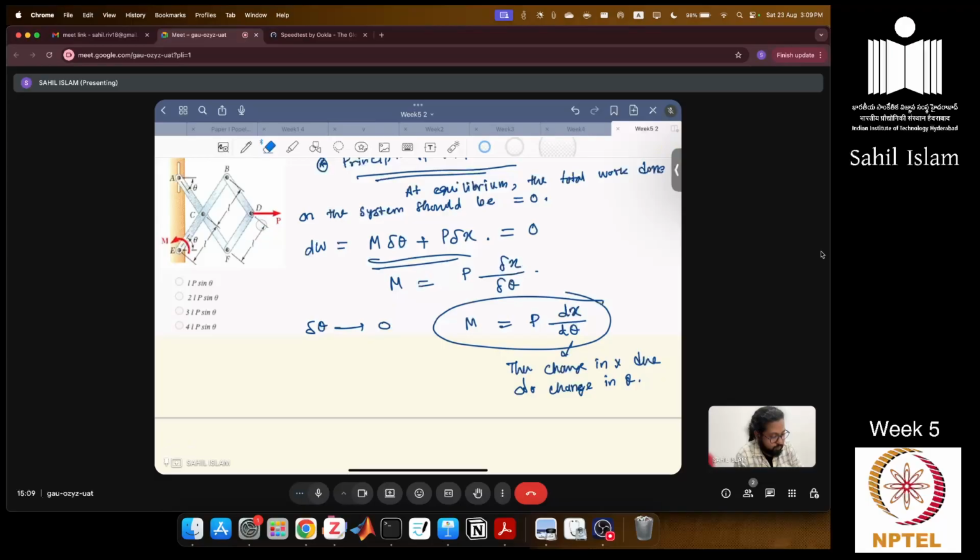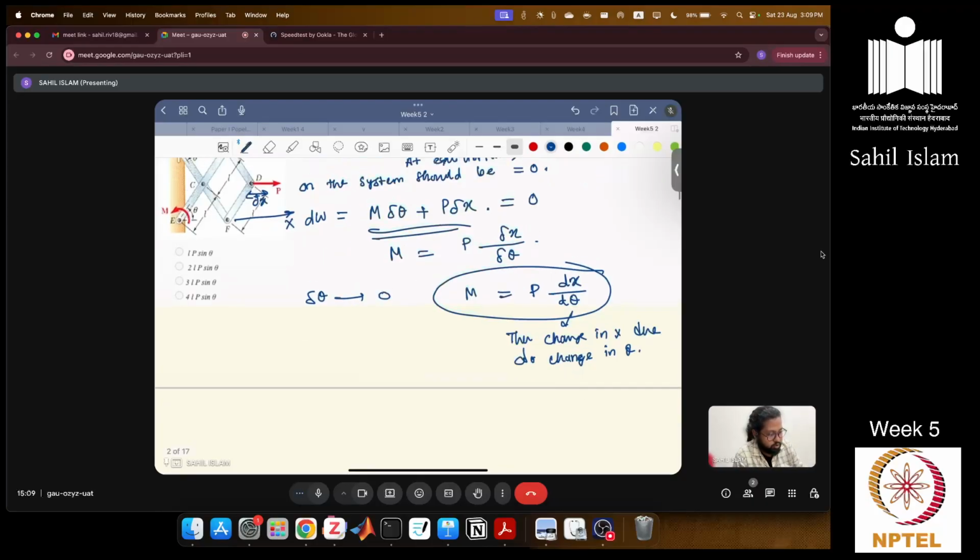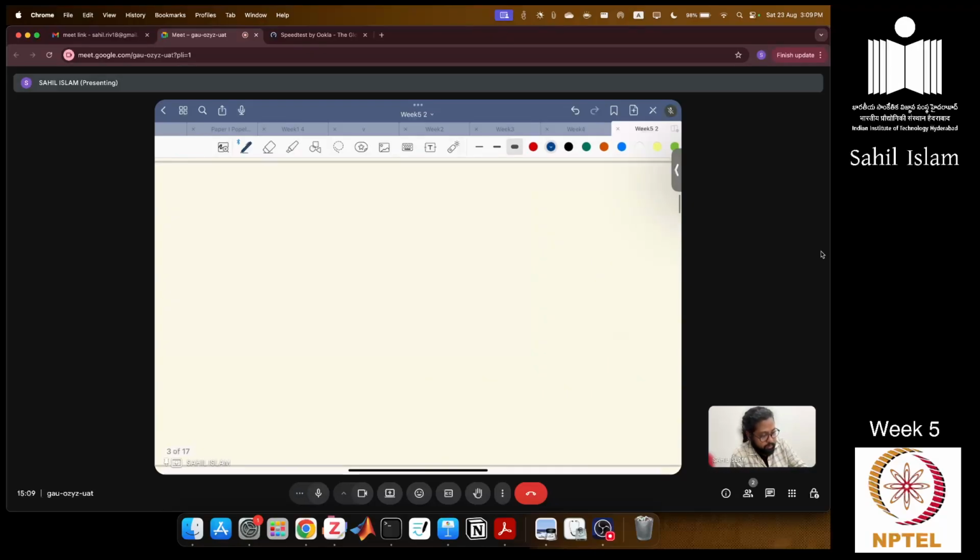So let's say this is delta x, this is our x direction. Now how will we find out? Let's draw the free body diagram.